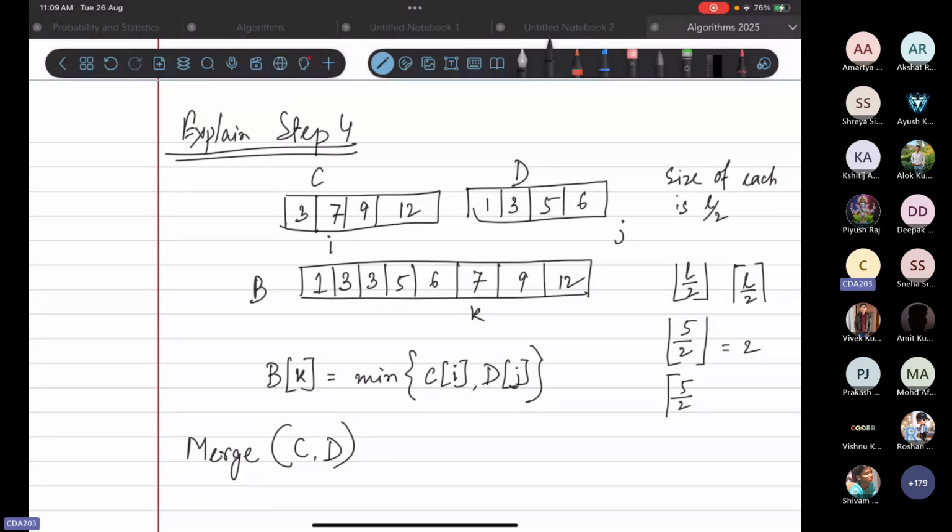And the ceiling of this is the minimum natural number that's greater than this, so it's 3. So I'll not be writing L by 2 and L by 2; in that case, I'll be writing L by 2 floor and L by 2 ceiling. But that is not at all a big deal, because they differ by just one. Again, I can say roughly they are of half size.